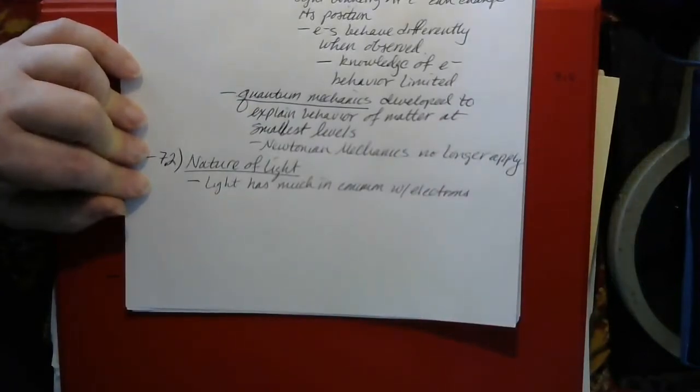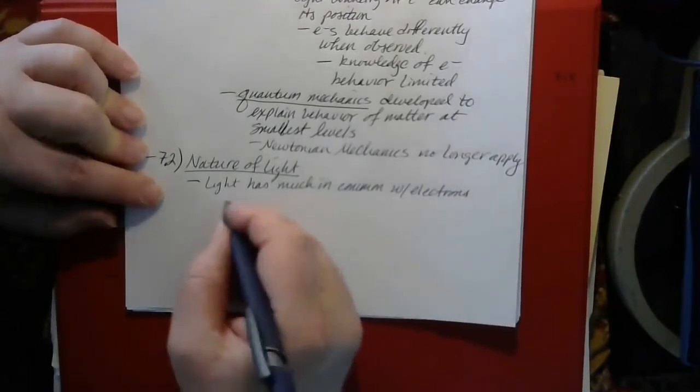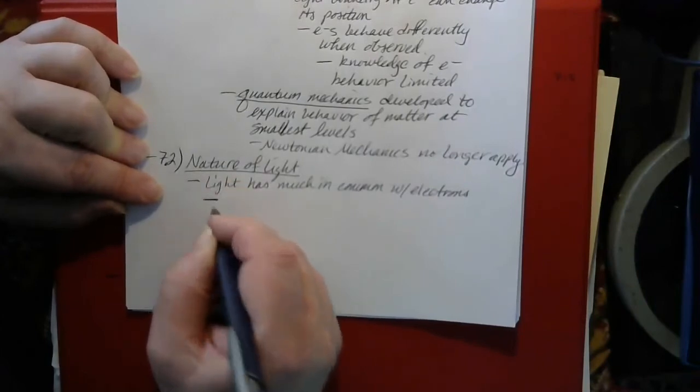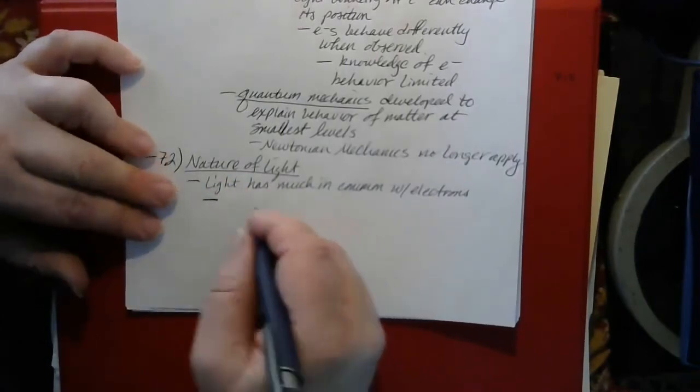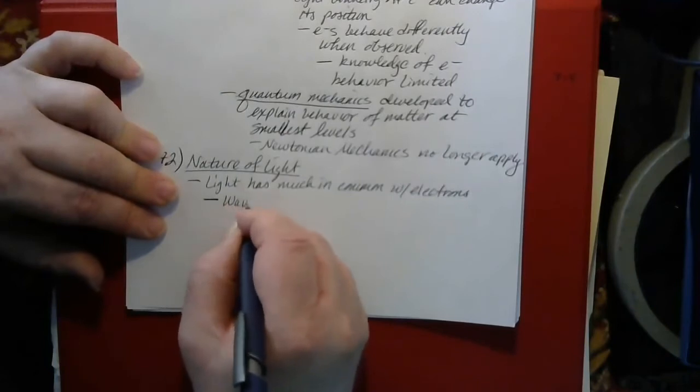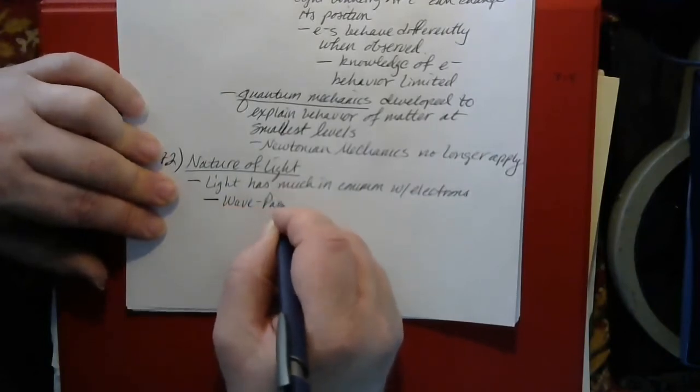And so, like I said, this is a very good place to look at the behavior of light. For one thing, light and electrons both have what's known as wave-particle duality.